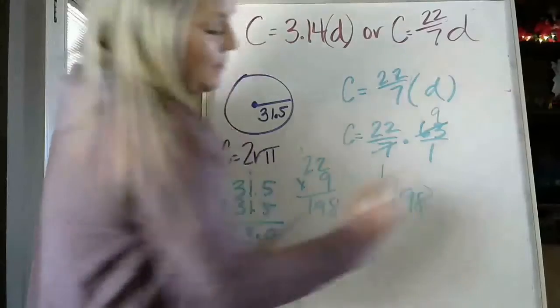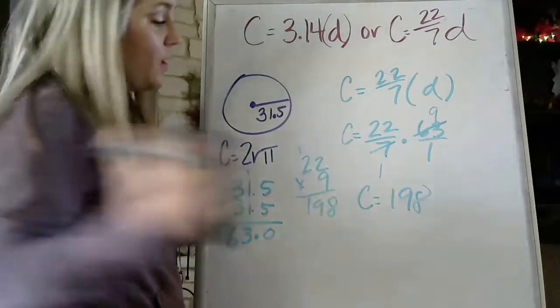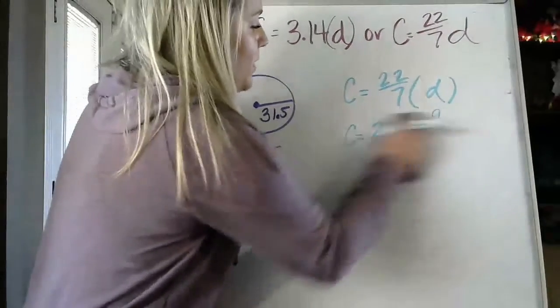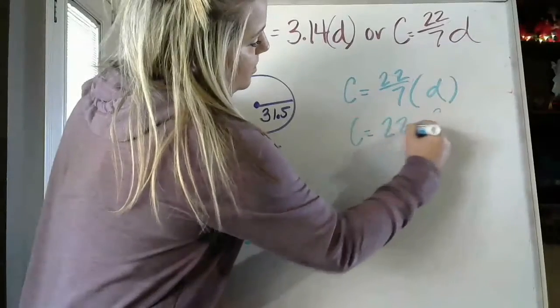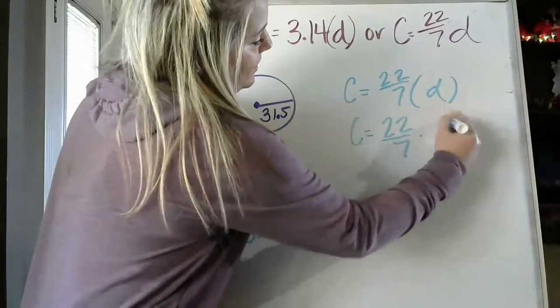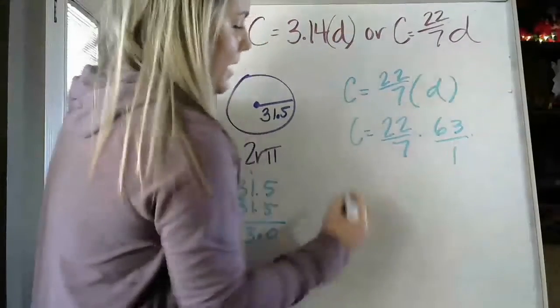198. Now, if you're still not comfortable with cross reducing, which you should be, you can go ahead and multiply that out. You can do 22 over 7 times 63 over 1. I'm losing my mind today.